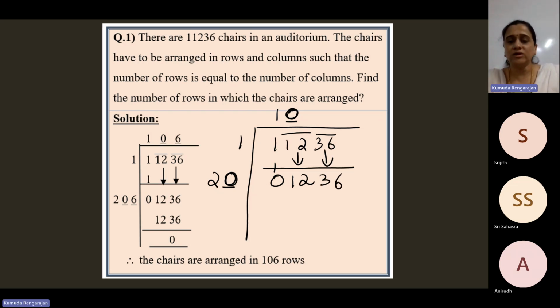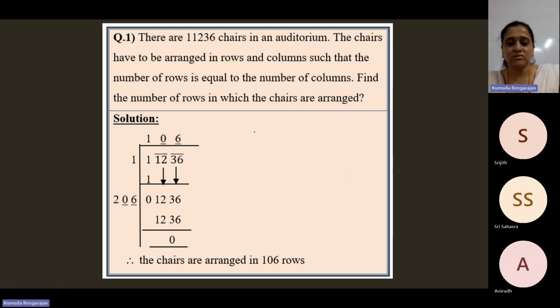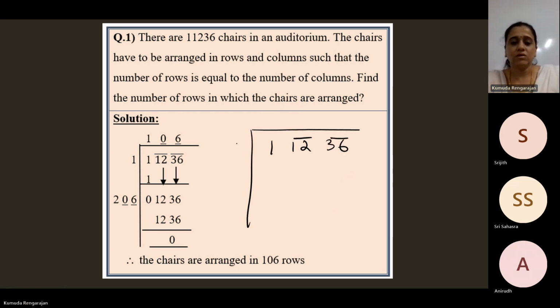Otherwise, what you would normally do, 0, 0, and then you write, because 20 into 0 is 0, and then 12 is the remainder. Anyways, it's the same thing, no? Then 3, 6 comes down. So you can avoid writing the 0 here and showing 12 as the remainder. Again, 1 into 1, 1, 0, 12 comes down, 2, 0, 0.